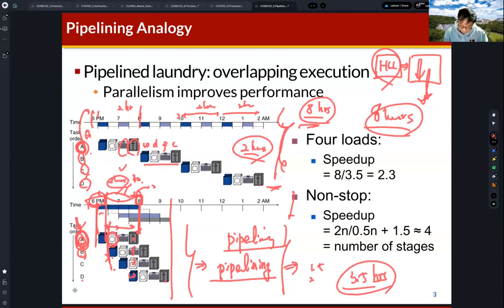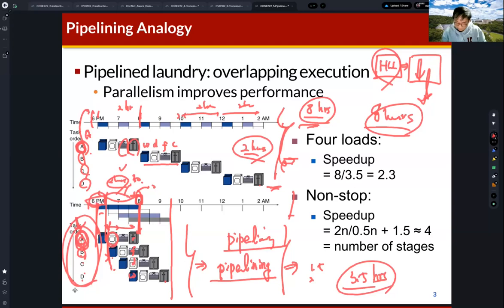If we apply the pipelining idea and there are multiple tasks like this, then we can decrease total execution time. Likewise, a processor needs to execute multiple instructions, like multiple tasks, and for executing one instruction the processor needs to perform multiple steps.